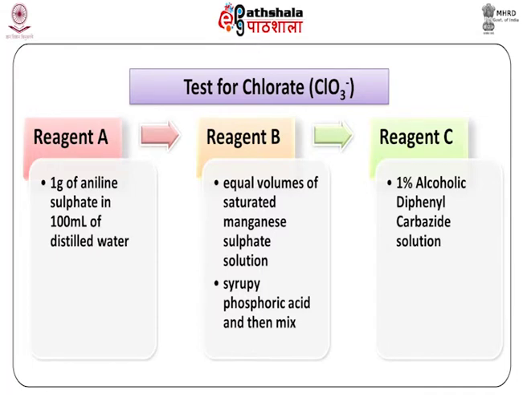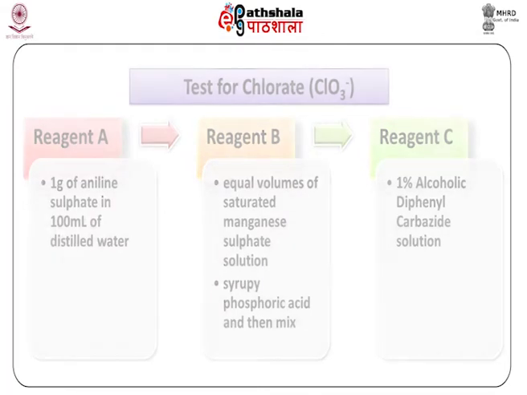Reagent B. Take equal volumes of saturated manganese sulfate solution and syrupy phosphoric acid and then mix them properly. The solution so formed is labeled as reagent B. Reagent C. 1% alcoholic diphenyl carbazide solution is used as reagent C.